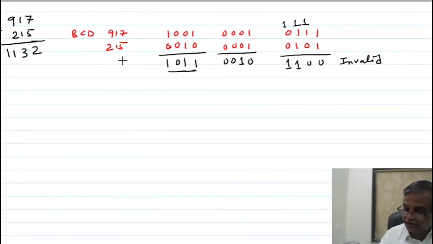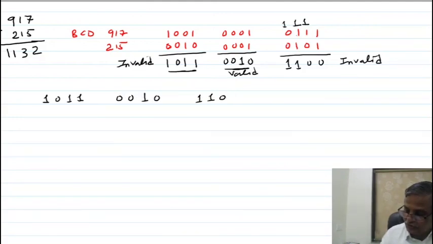This is also invalid. So I have to add; this is valid, this is valid. So 1, 0, 1, 1, 0, 0, 1, 0, 1, 1, 0, 0.